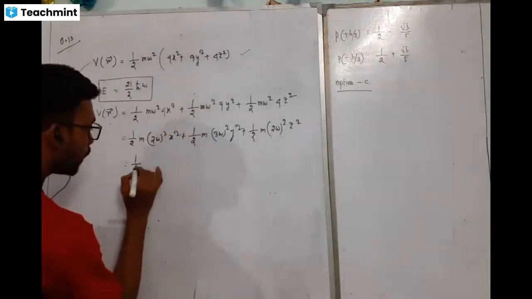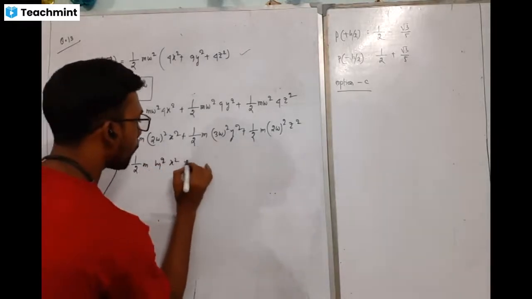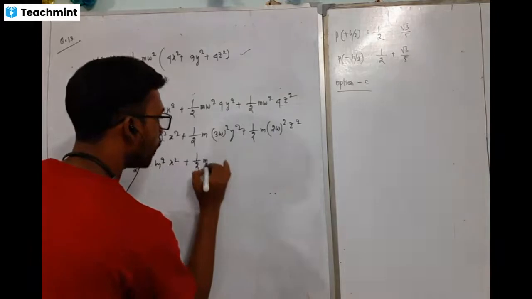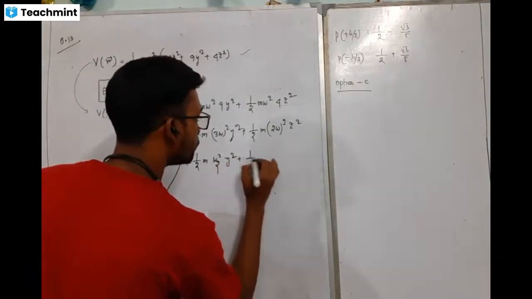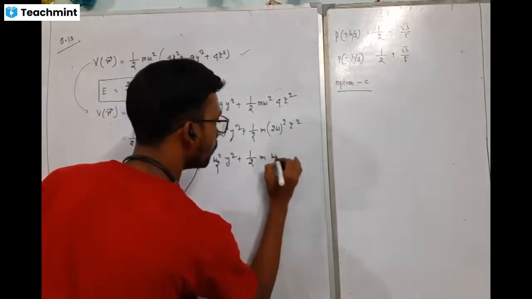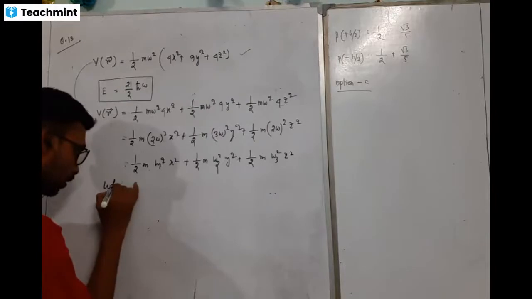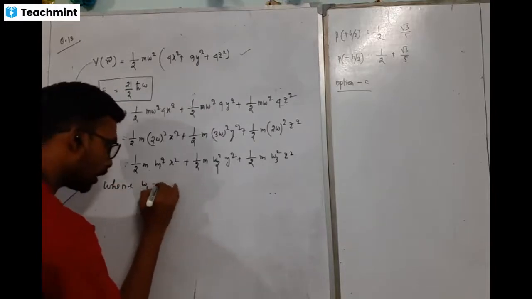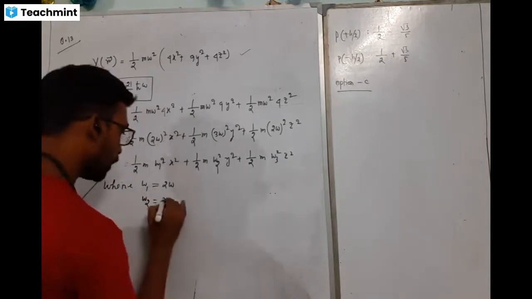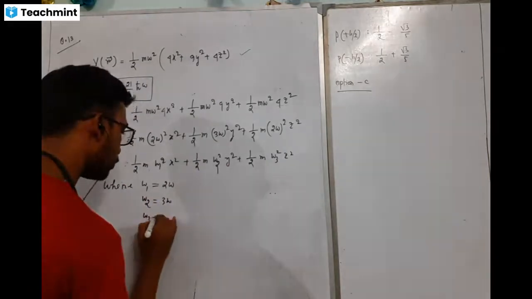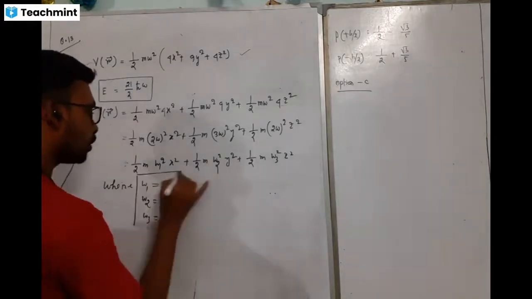So it is basically half of m omega 1 square x square plus half of m omega 2 square y square plus half of m omega 3 square z square, where omega 1 equals 2 omega, omega 2 equals 3 omega, and omega 3 equals again 2 omega.